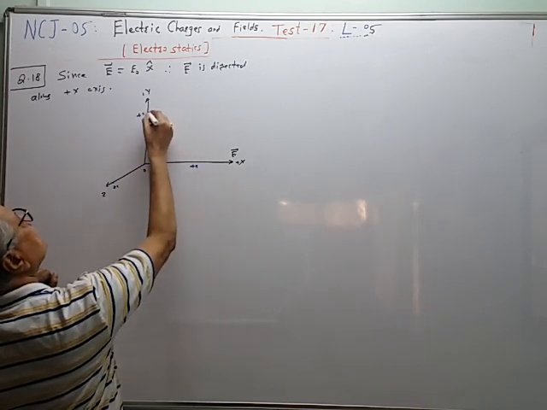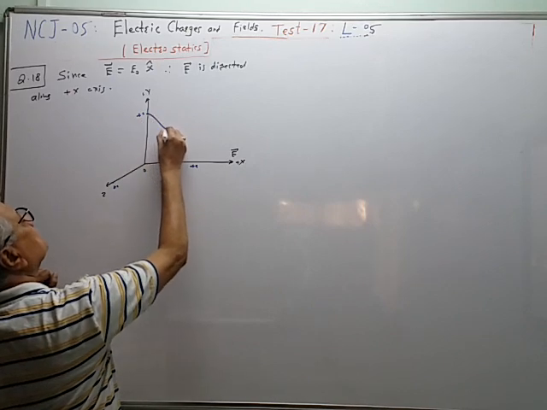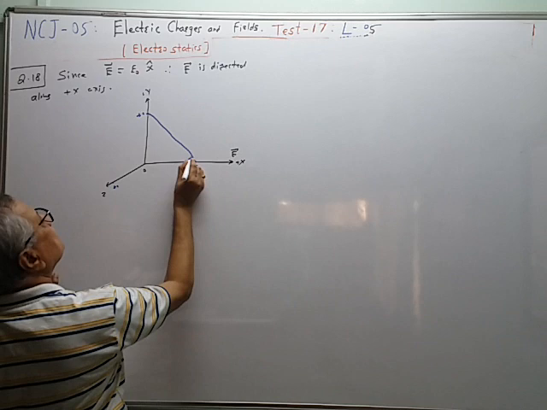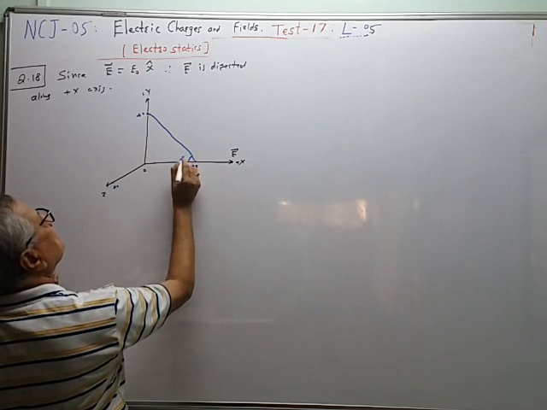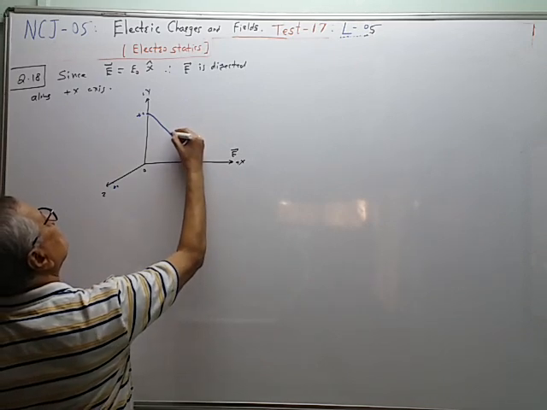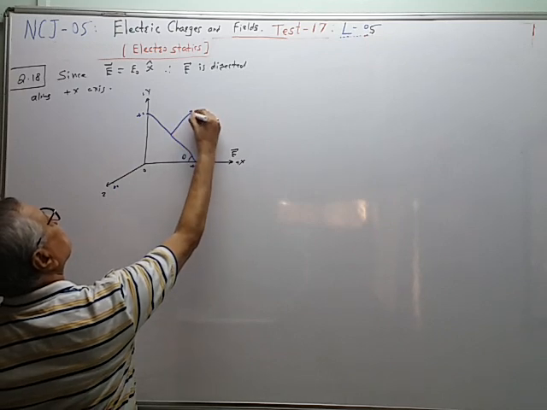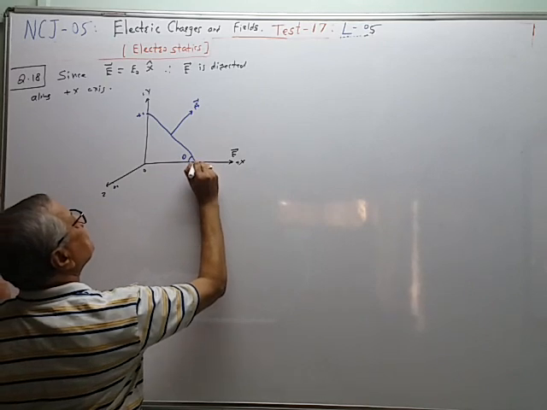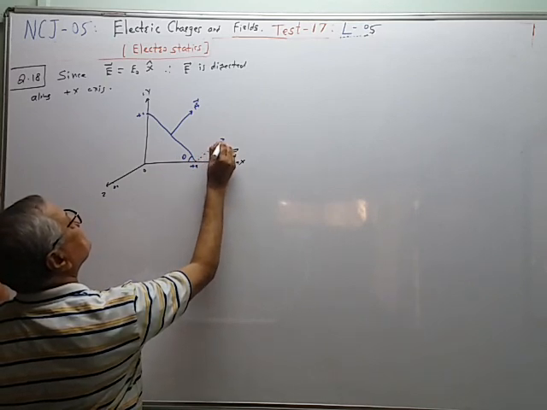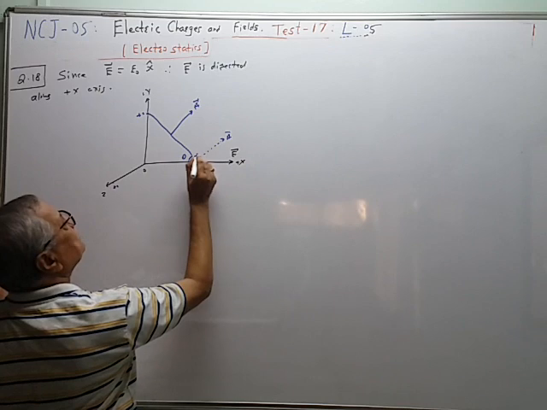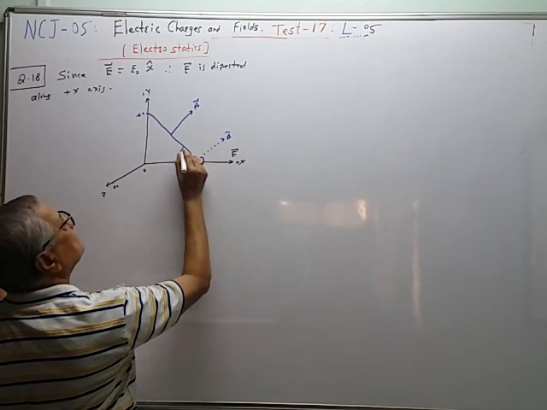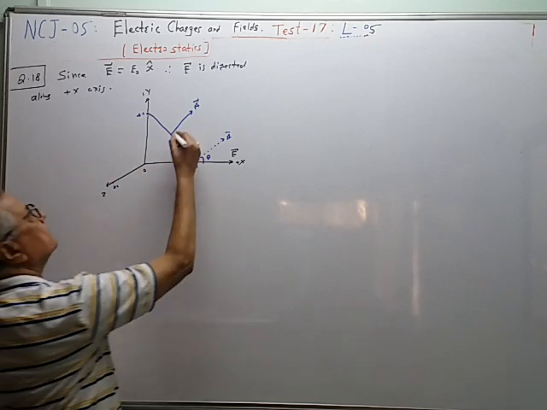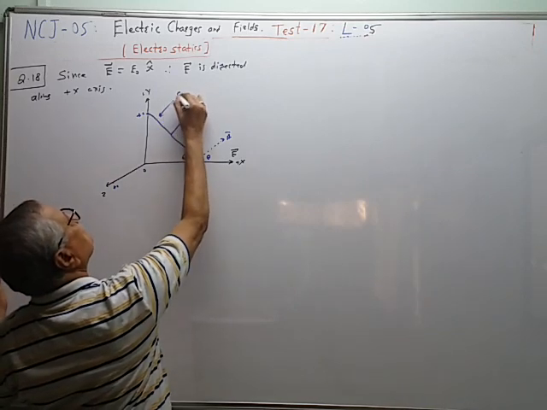So only you can show this figure. So this angle is theta. So this is the area vector A. If you draw perpendicular, this is the area vector. So between E and dS, this angle is also theta. So remember this geometry, surface.